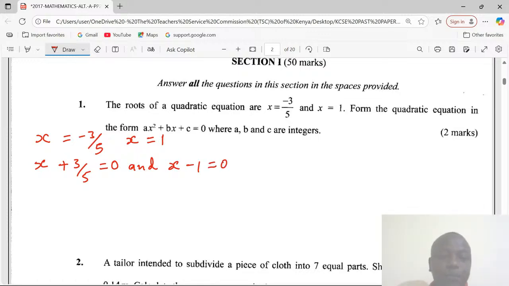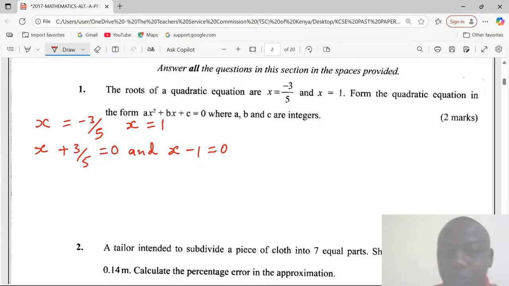That's why we now have a conclusion that says x equals -3/5 and x equals +1. It means just before the final conclusion, we add their signs reversed, then equate to 0.